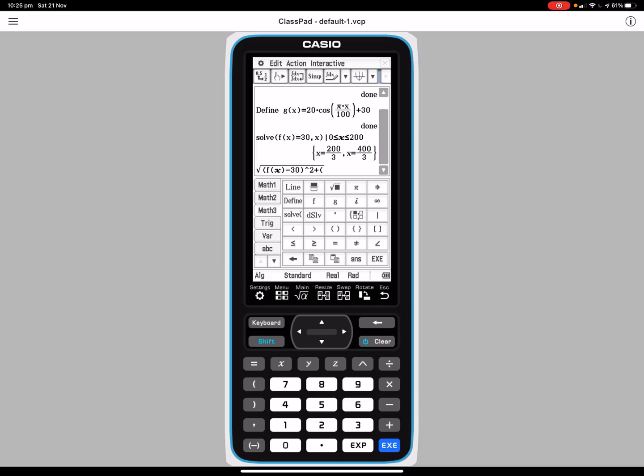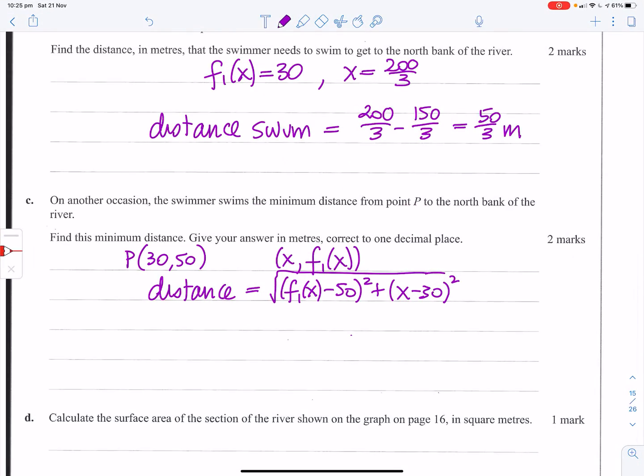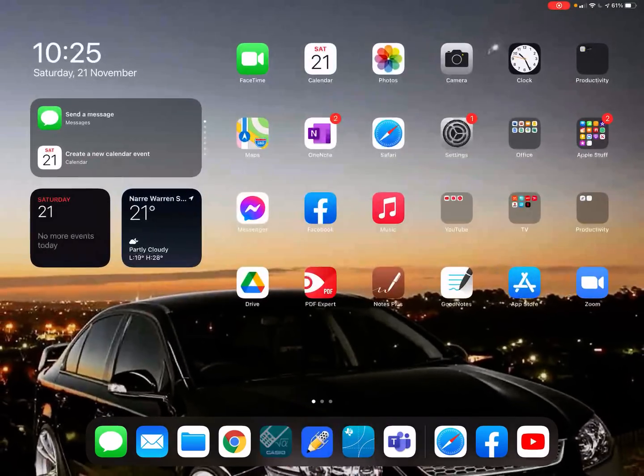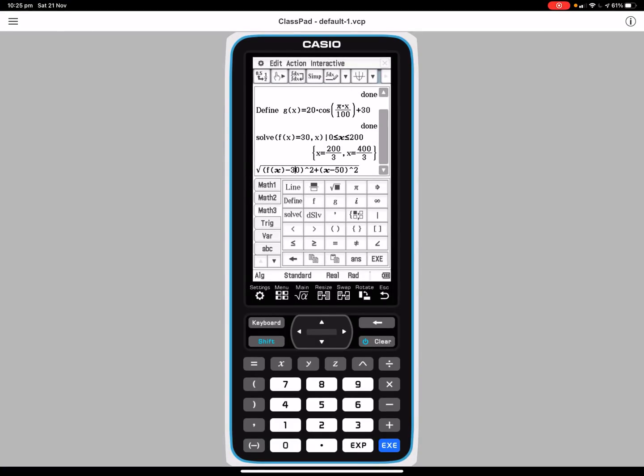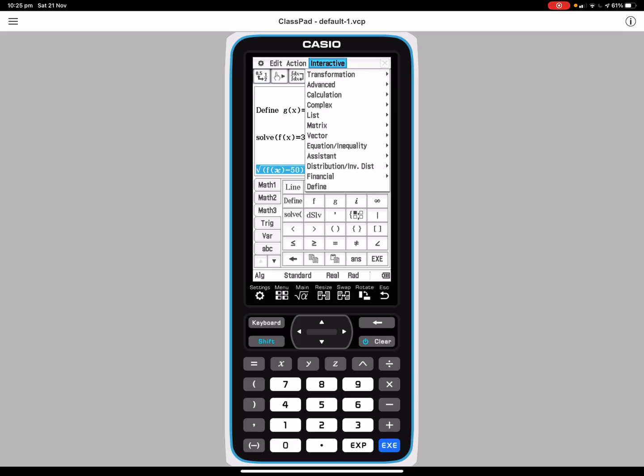Is that right? Other way around. 50, 30, and we want to find when that's a minimum, so we use fMin.